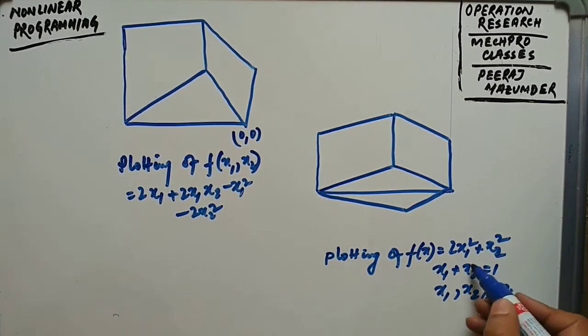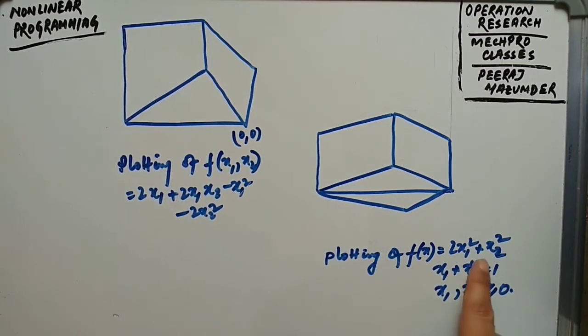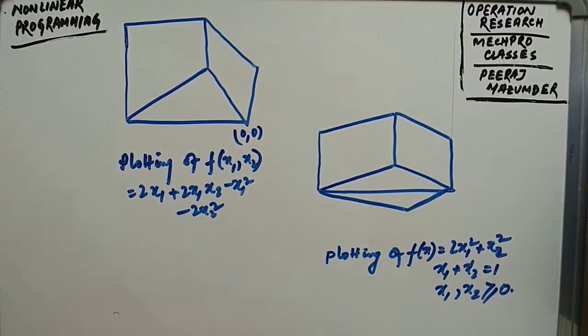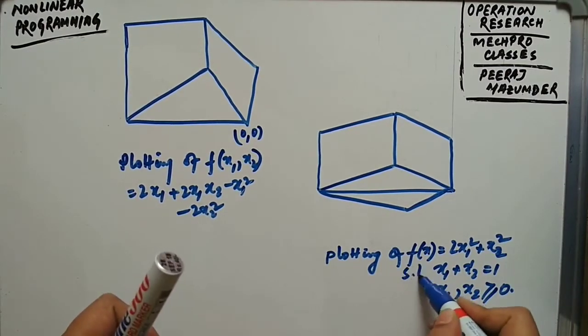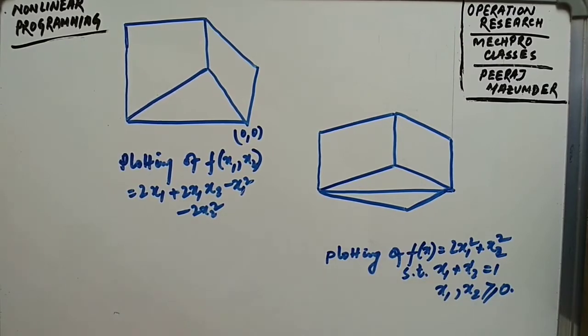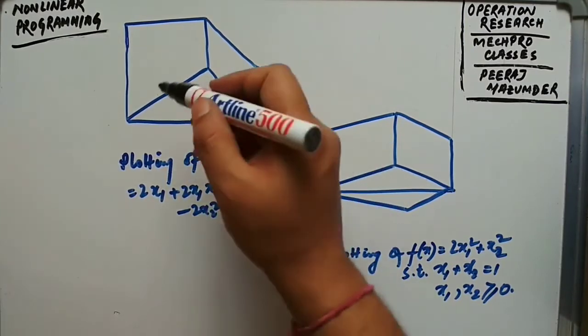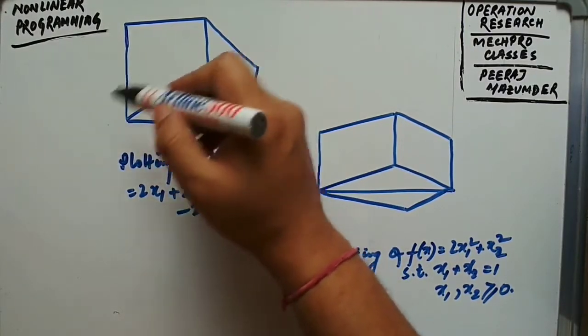But this is also a non-linear programming, because the objective function is of non-linear type, that is 2x1 square plus x2 square, and it is subject to the constraints x1 plus x2 equal to 1, and x1, x2 should be greater than or equal to 0.